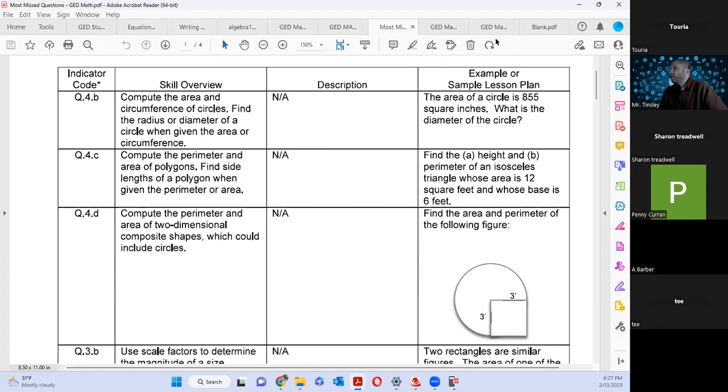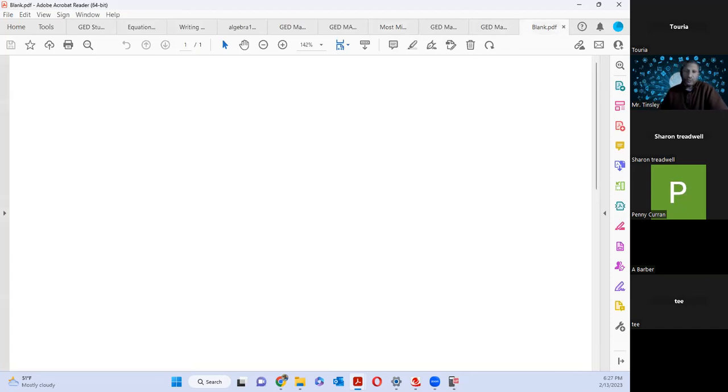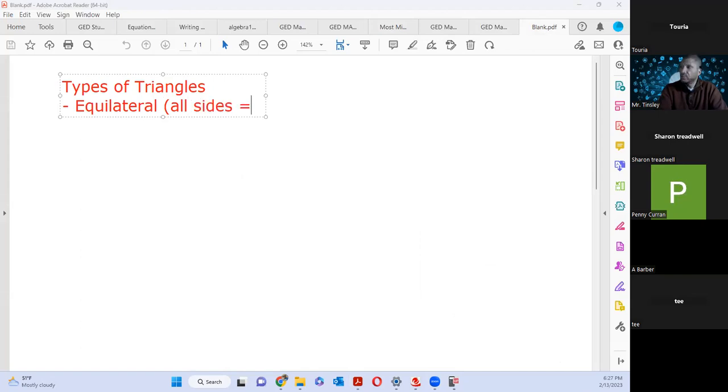Okay, so let me make sure we understand the types of triangles by side. So hold on for 1 second. Types of triangles. Okay, there are 3 you should be familiar with. If all the sides are equal, that's equilateral. Isosceles sounds like a mythical character from mythology. 2 sides are equal.